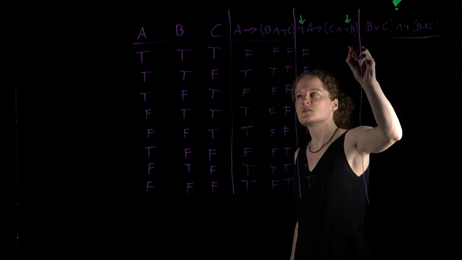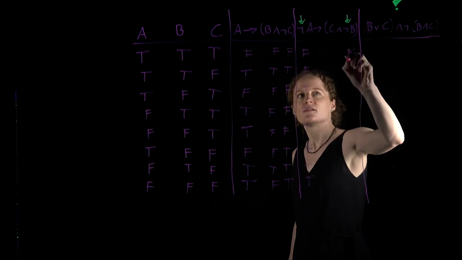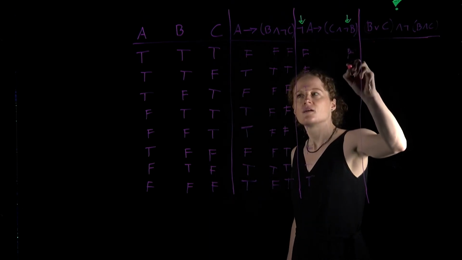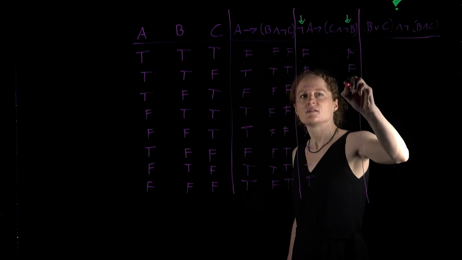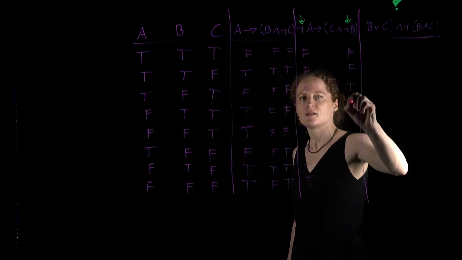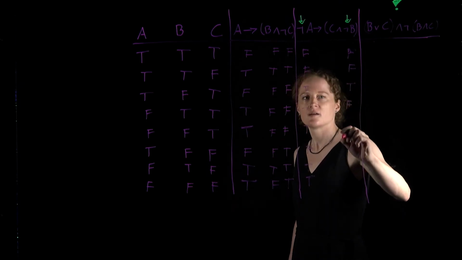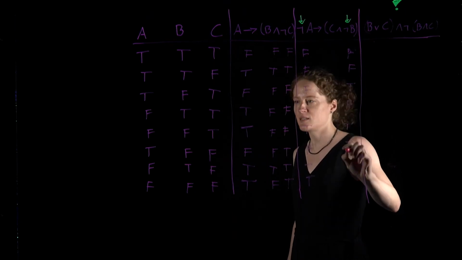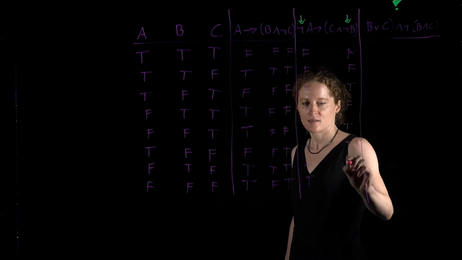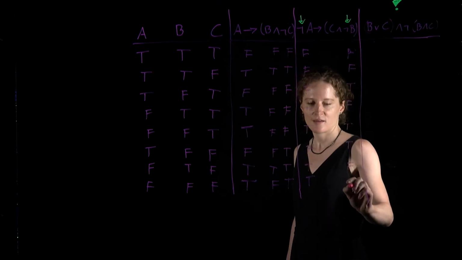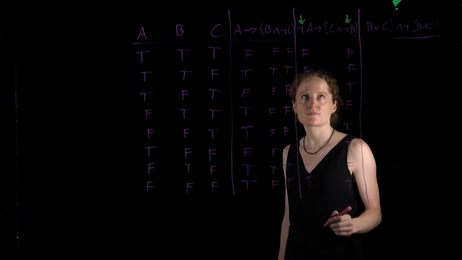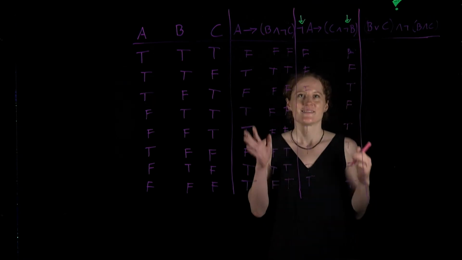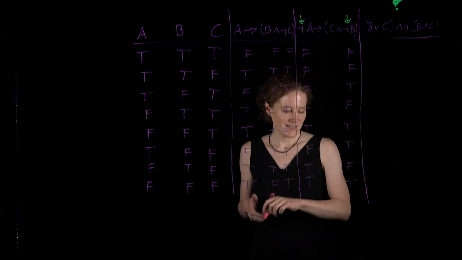So that's going to be F, F, T, F, T, T, F, and T. All right, negation is done.